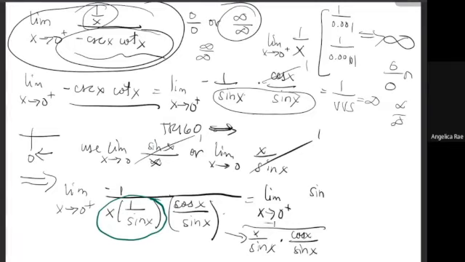Kaya pagka gawin natin multiplication yan, kunin natin yung reciprocal sa baba para maisulat natin siya sa taas. Kaya magiging sine of x over x yan times sine of x over cosine of x. Nasundan niyo. Tapos may negative tayo.